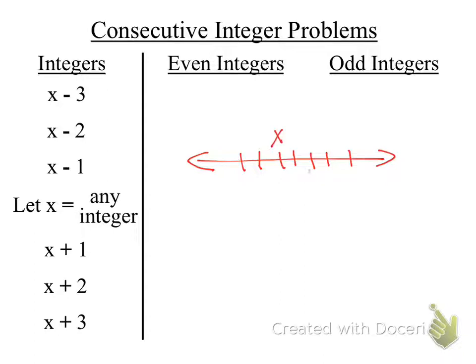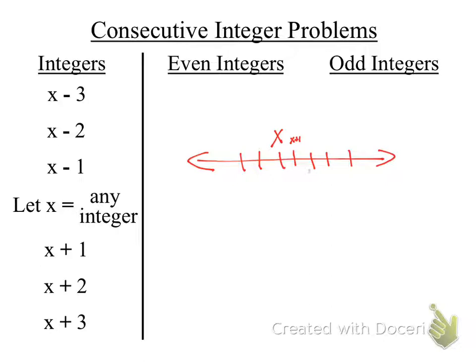What do I have to add to that x to get to the next one? What am I adding to 7 to get to 8? Plus 1. So what's the next digit going to look like? It'll be that x, but plus 1.